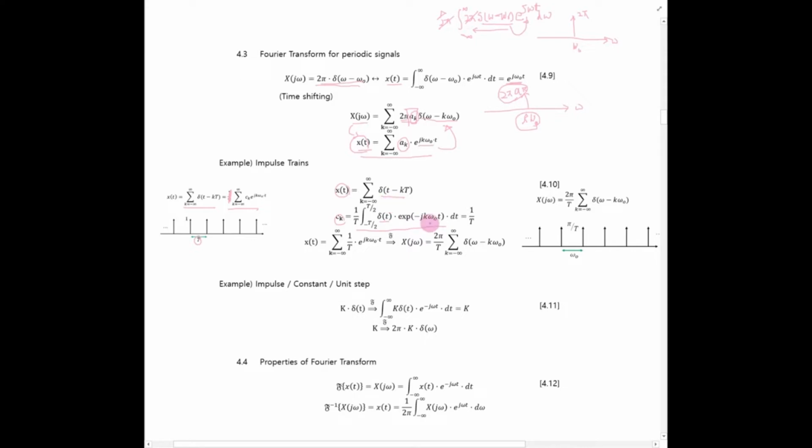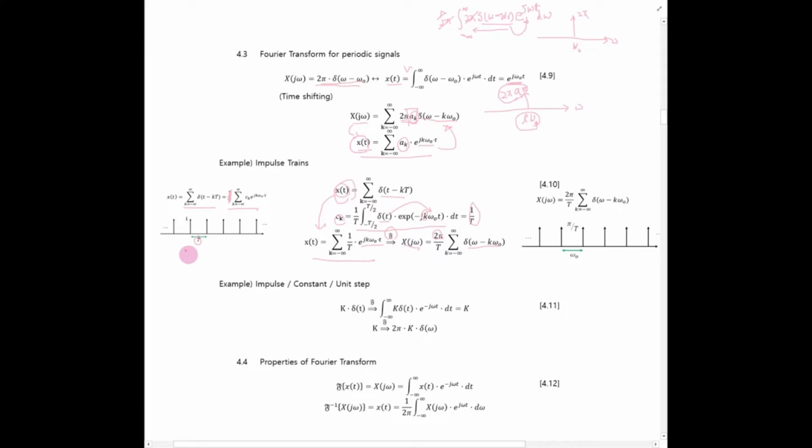Then regardless of the k value, it is always 1 over T because of this delta function. So we can express the same signal in this Fourier series expansion, and then take the Fourier transform. We know that the complex exponential can be converted to 2 pi times a delta function by these techniques. So we can make the Fourier transform of this impulse train.